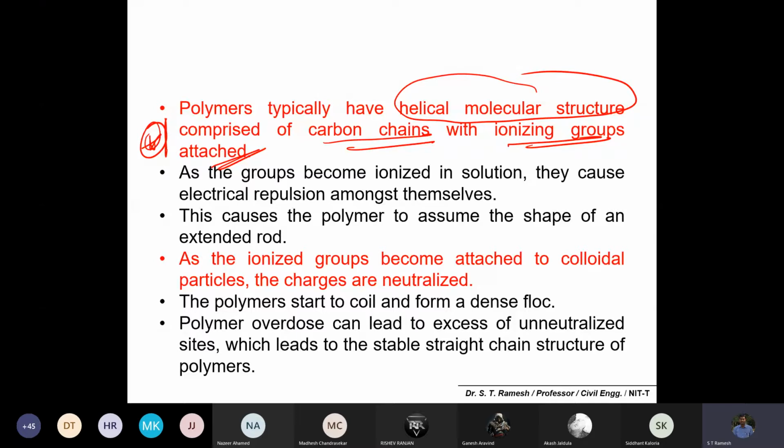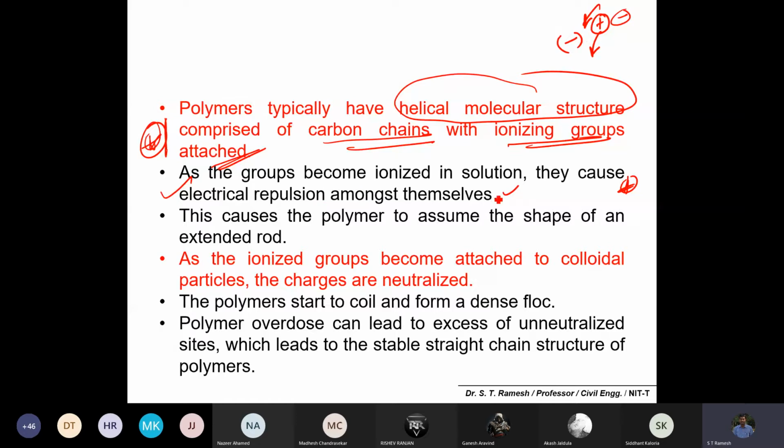As the groups become ionized in solution, they develop electrical repulsion among themselves. Please make a note on polymers. You have negatively charged particles inside the water. You may add positively charged polymers to the solution, and these polymers have equal charges, the same charges, so they will repel each other. That's what the point says.